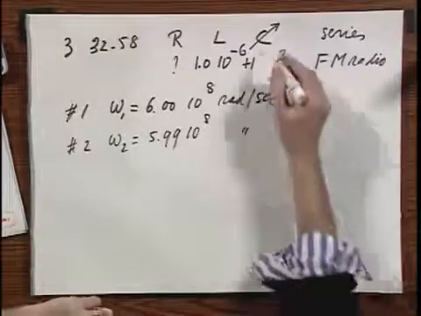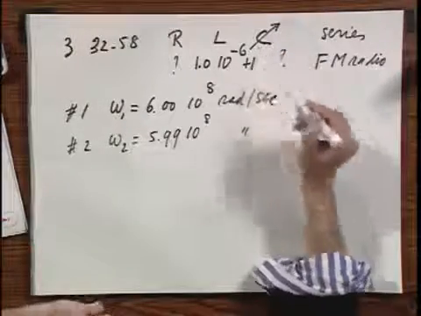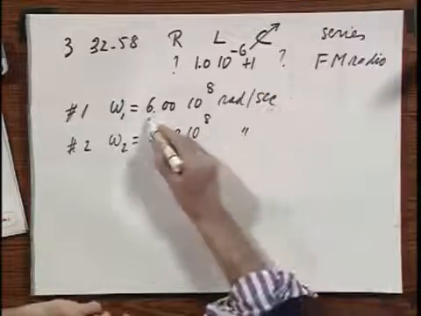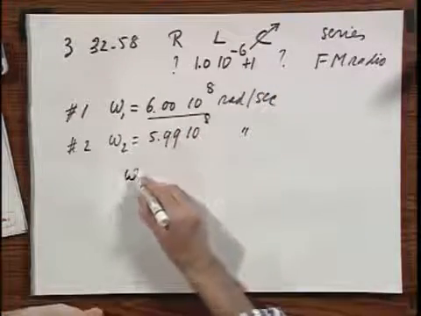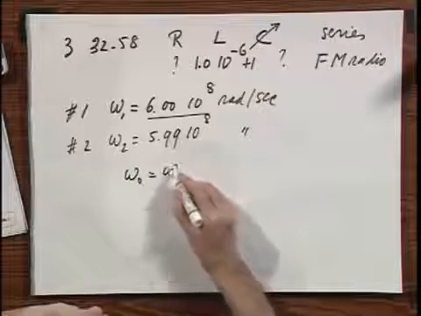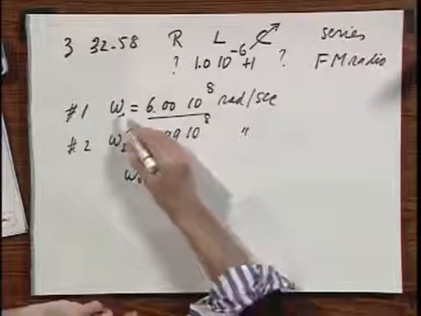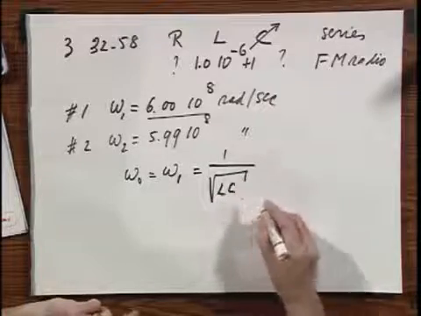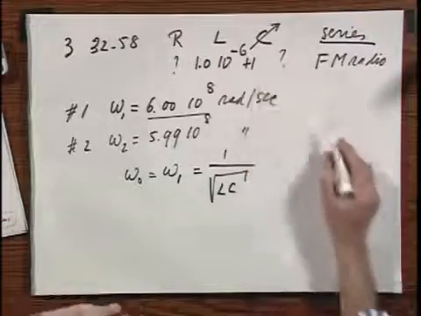Well, let's first calculate what the value for C is. If I tune exactly in with my variable capacitor on this frequency, then omega 1 must be omega 0, and omega 0 is 1 over the square root of LC, as we have seen many times for a series RLC circuit.